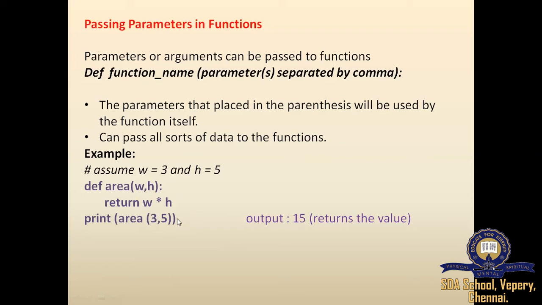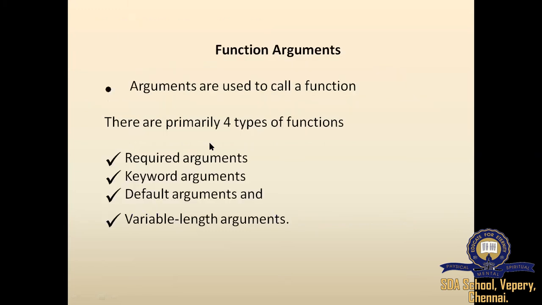This is the process that takes place in parameter passing. We can pass arguments in a function in 4 ways. One is called required argument, one is called keyword argument, one is called default argument, and one is called variable length argument. We are going to see all these things one by one.